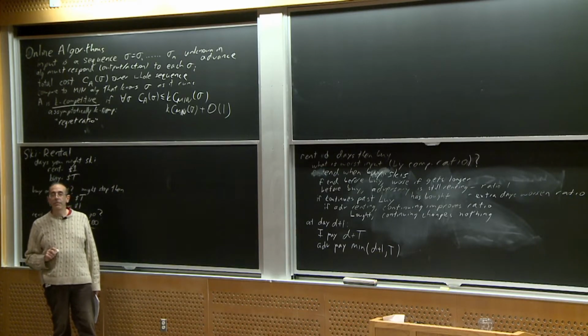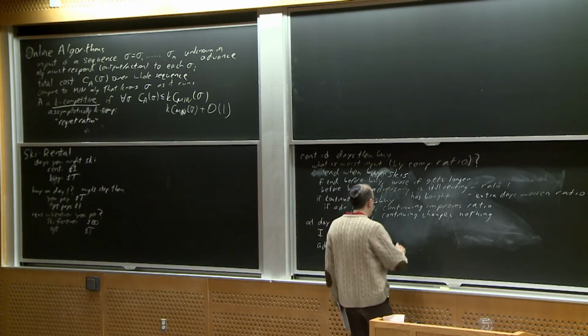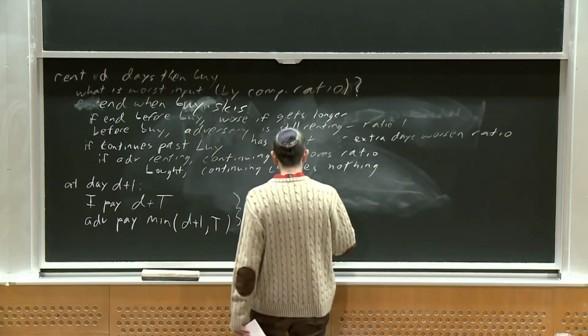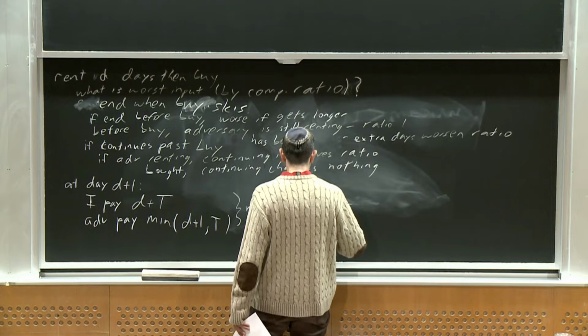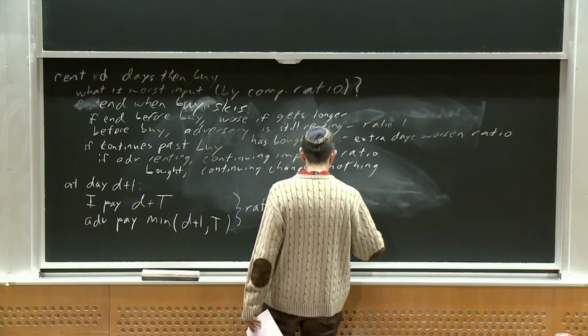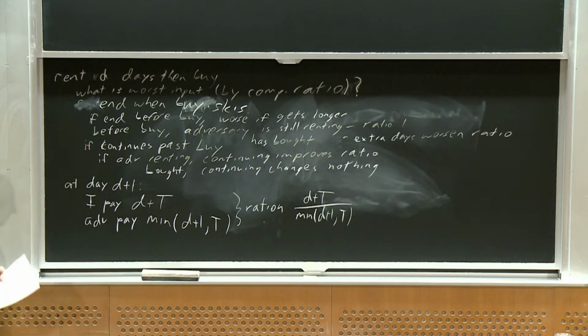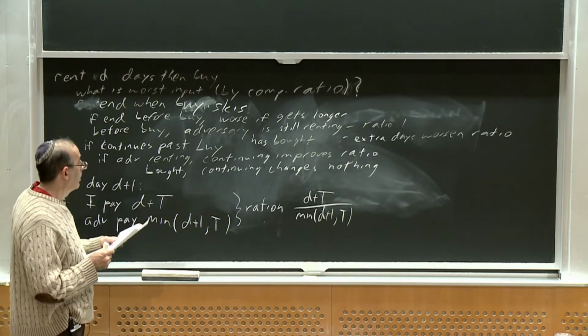That means that the ratio is just D plus T divided by the smaller of D plus 1 and T. Okay.